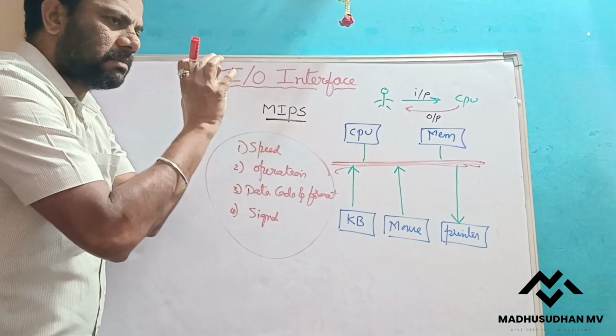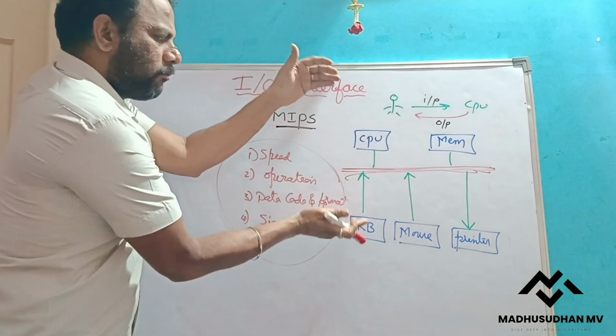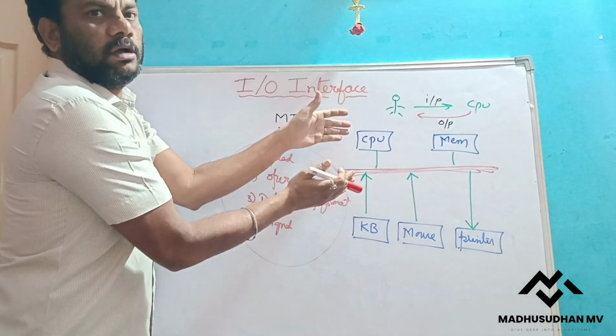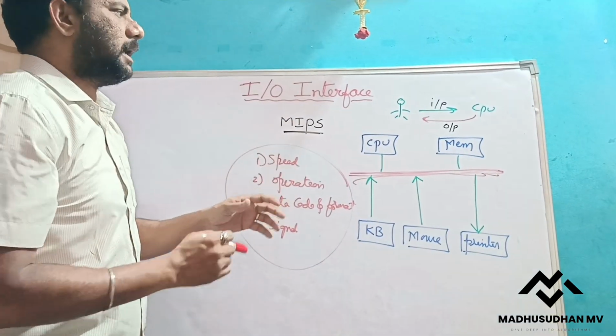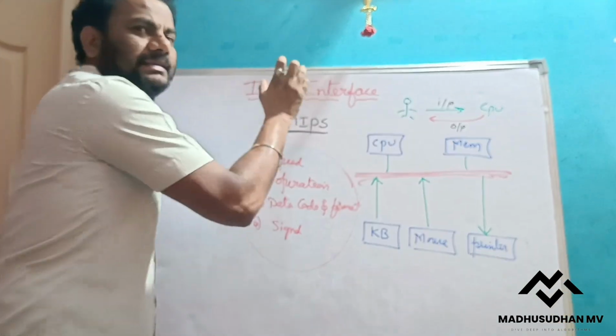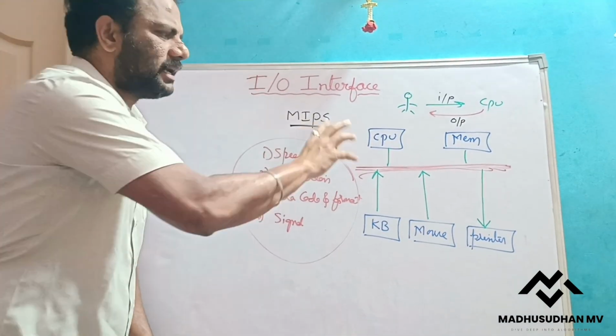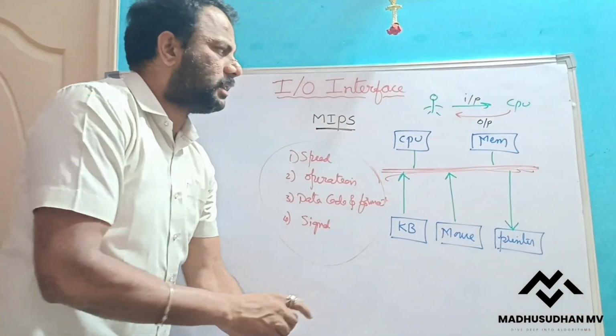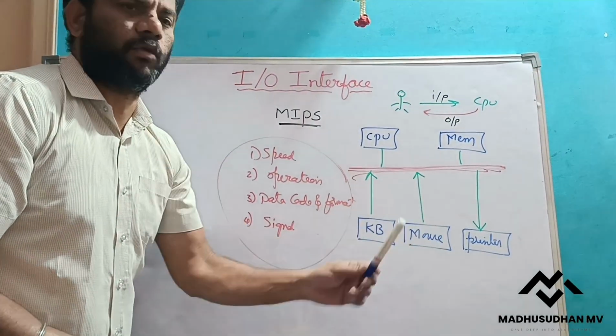That means we need conversion from one format to another, one code to another, one signal to another. That will be done by the interface. The IO interface is an intermediary circuit between the processor and every IO device.